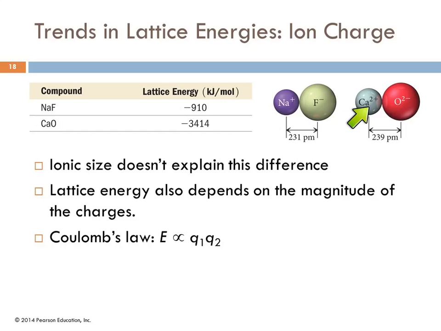But the charges are different. This is +2, -2, and this is +1, -1. And so we see that the lattice energy for calcium oxide is 3,414 kilojoules per mole, and for sodium fluoride is only 910. So it depends on the charges as well.